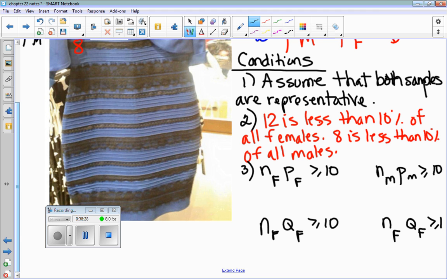Oh, that should be males. All right, so what was our sample size of females? Was 12, right? So we have 12 times something. Is that greater than 10?